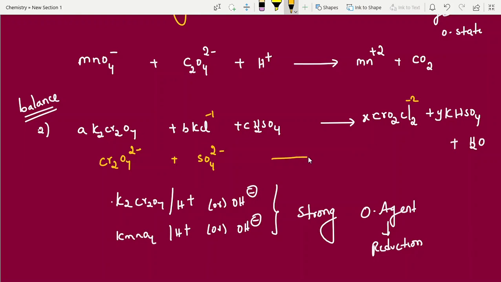Now here, and this one, CrO2 minus, CrO2 minus 2 plus SO4 2 minus. Plus water. This is a neutral molecule, leave it.